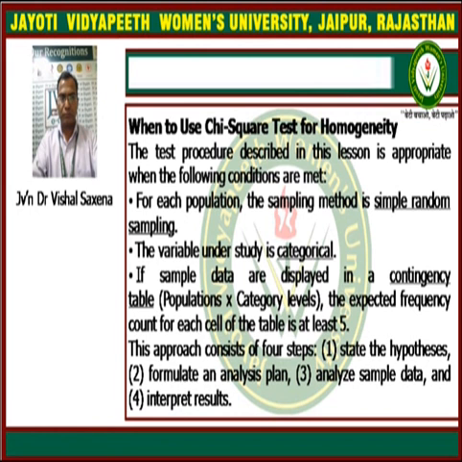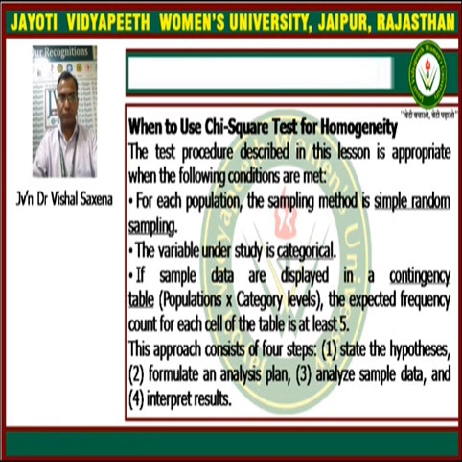Next, the variable under study is categorical, so this test is applicable for categorical variables. Next, if sample data are displayed in a contingency table, the expected frequency count for each cell of the table is at least 5. This is an important point.